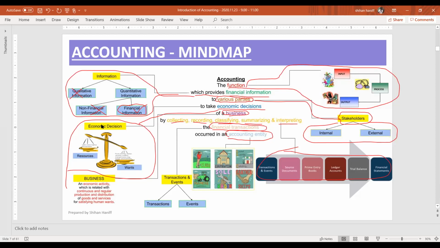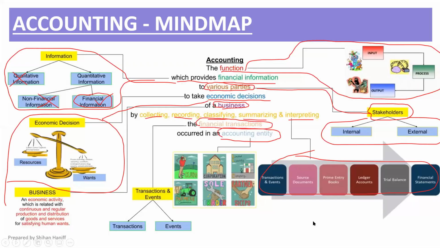Information, economic decisions, stakeholders, right? Transactions, events, the process. Those things should come to your mind. That is why it's a mind map.